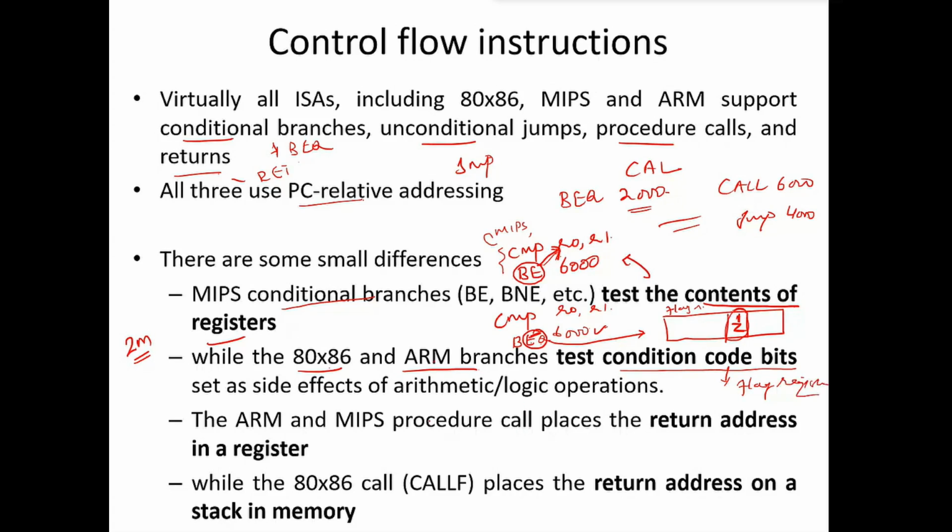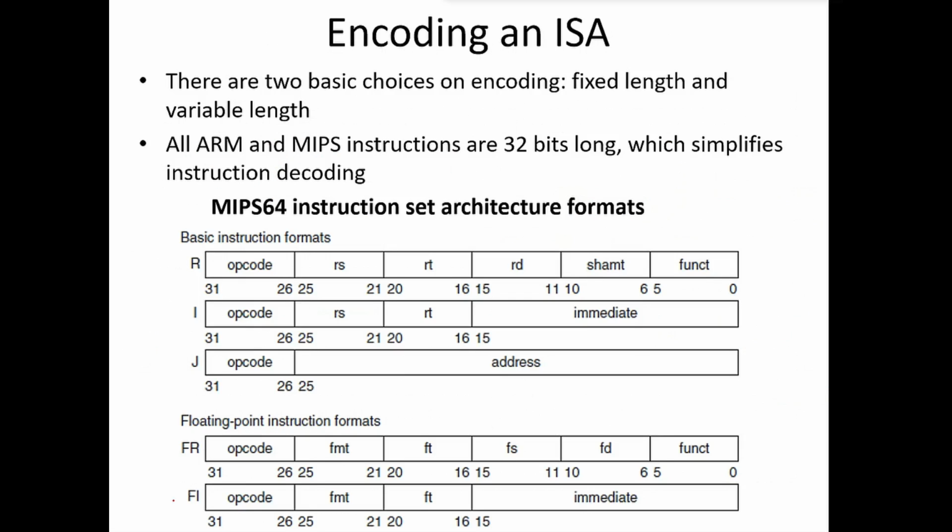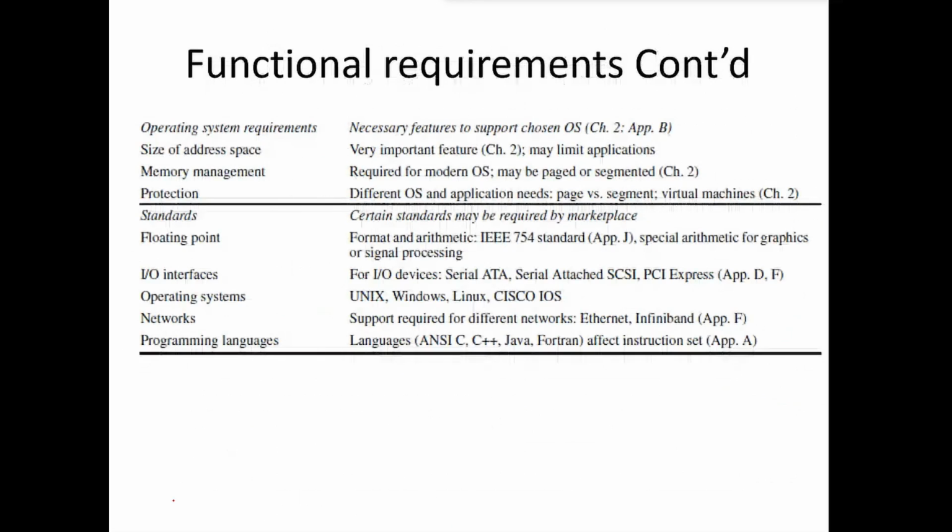And the other difference is that ARM and MIPS will place the return address in a register, which means, I will write it here. Suppose you are writing instructions like 6000, 6001, 6002.